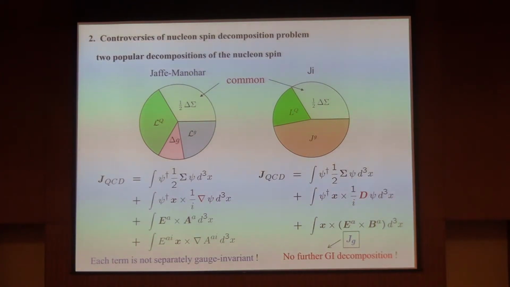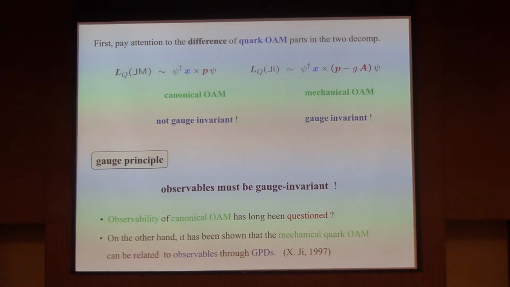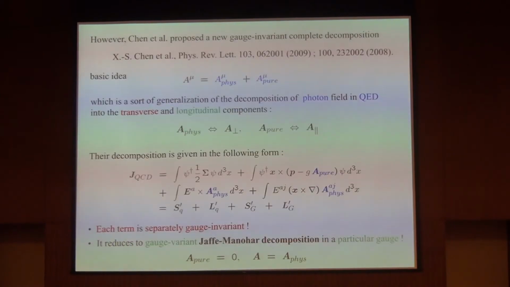On the other hand, each term of the Ji decomposition is manifestly gauge invariant. But it is claimed that this total gluon spin part cannot be gauge invariantly decomposed into intrinsic spin and orbital parts. So first, pay attention to the difference between the quark OAM in the two decompositions.